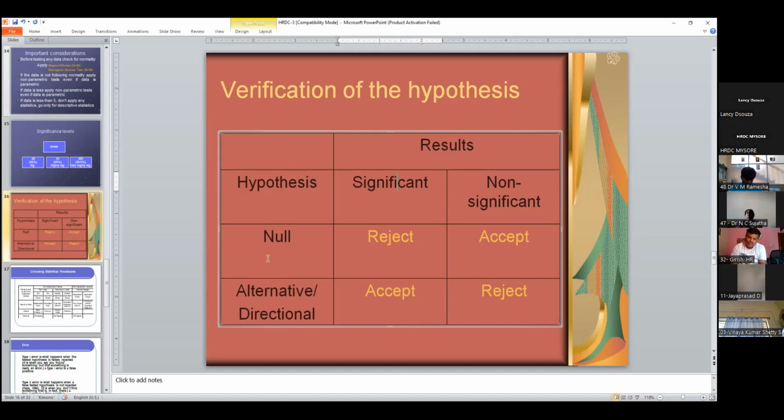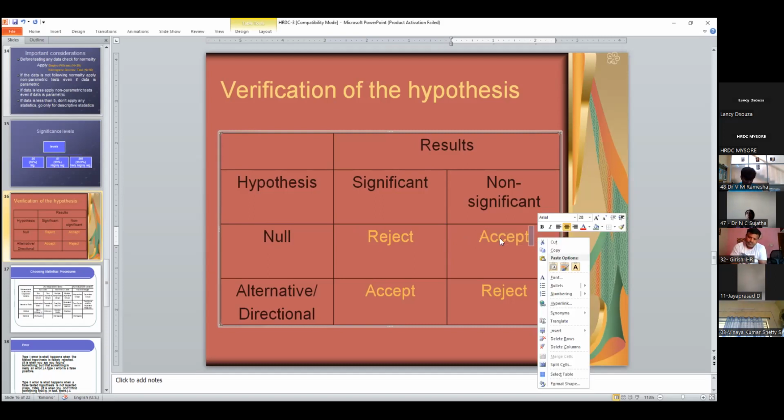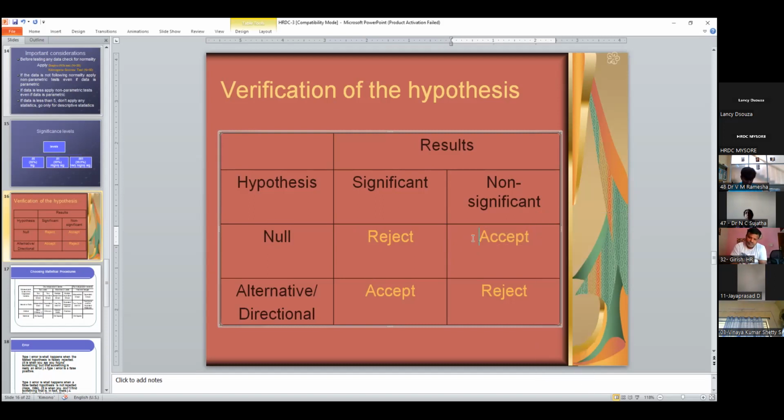But sometimes you formulate the null hypothesis, but your results are non-significant. You have to accept the null hypothesis, which is not expected, because what we said is null hypotheses are meant for rejection rather than acceptance.